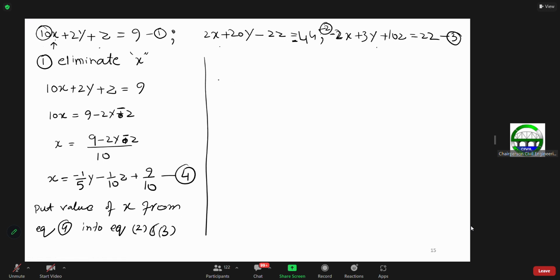Okay, so let's put the value in here. So it will be equal to 2 times the value of x. x is equal to minus 1 by 5 y minus 1 by 10 z plus 9 by 10, plus 20y minus 2z is equal to minus 44.